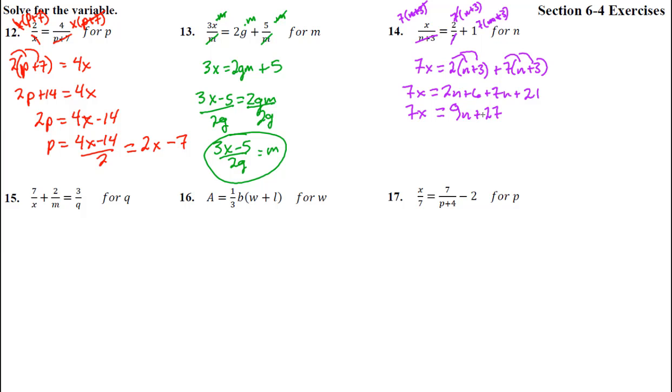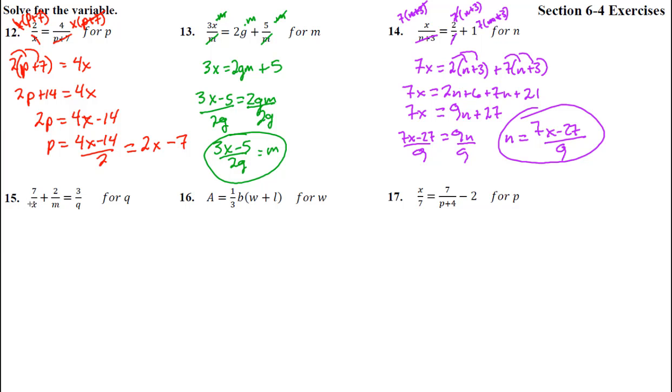Okay. So now we need to subtract 27 from both sides. That's 7x minus 27 equals 9n, and divide by 9 on both sides. Hey, that's good. Get those n's all together, and we get it. So n equals 7x minus 27 all over 9. Great.